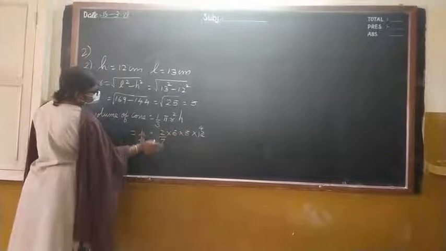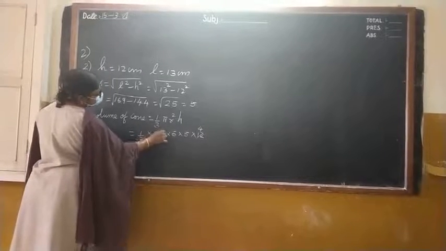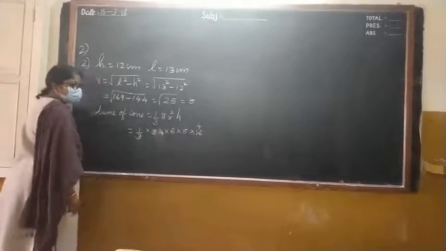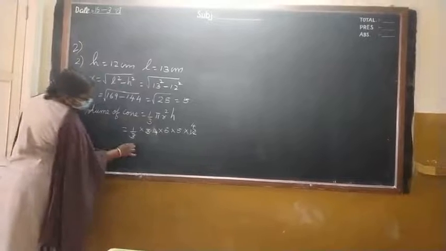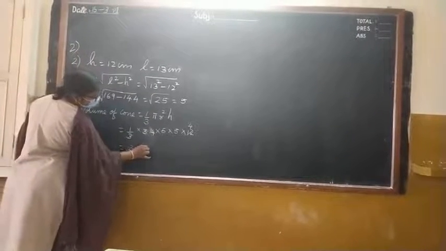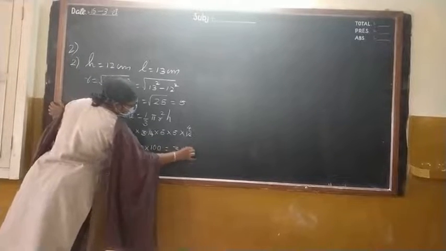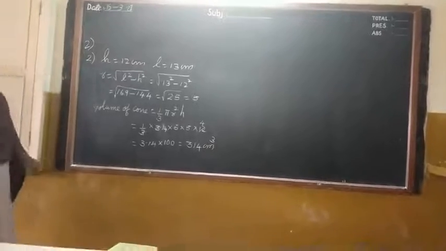So it will be easy if you are putting there 3.14, no? So 25, 5 is a 25, 25, 4 is a 100. So 3.14 multiplied by 100. So it will be 314 centimeter cube. Okay.